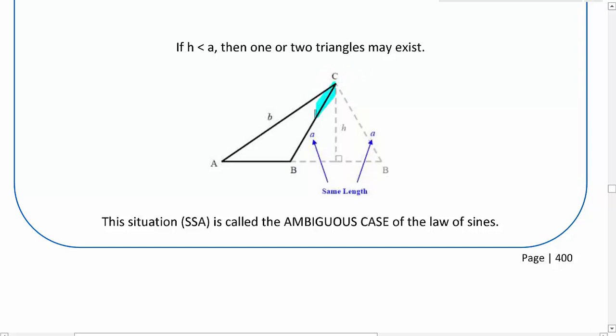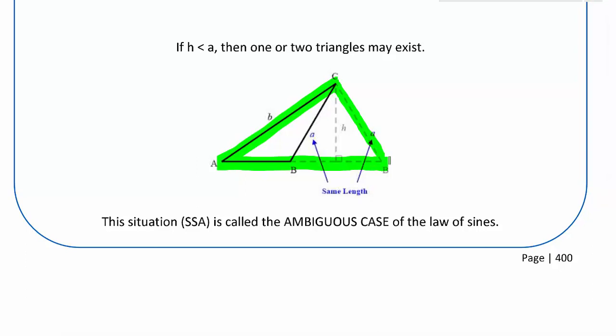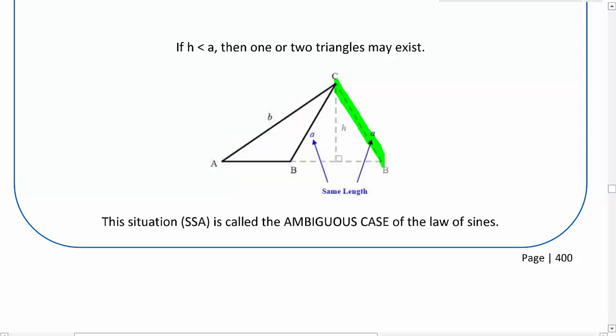It might swing this way and touch the bottom and create this triangle, or that side a maybe goes down here, because remember, we also don't know the length of the bottom side, so it's possible that it's long like this, and then we would have this big triangle here. So there might be one option, there might be multiple options. This situation, because of all these options, is called the ambiguous case of the law of sines. You're going to hear ambiguous case way more than you're going to hear case 2 law of sines.